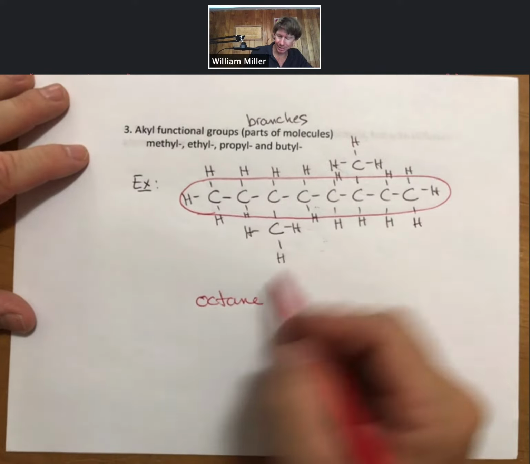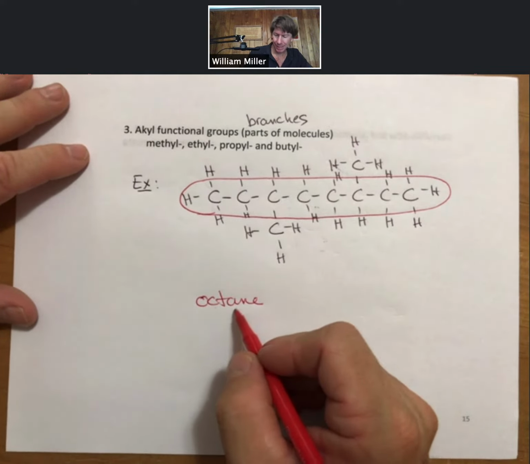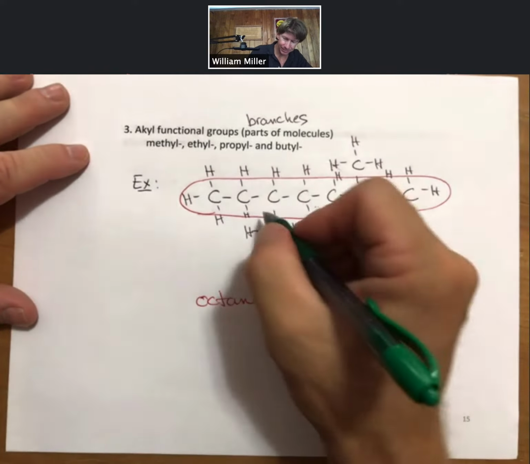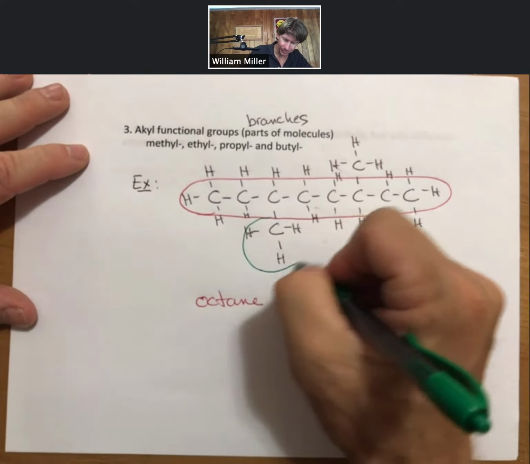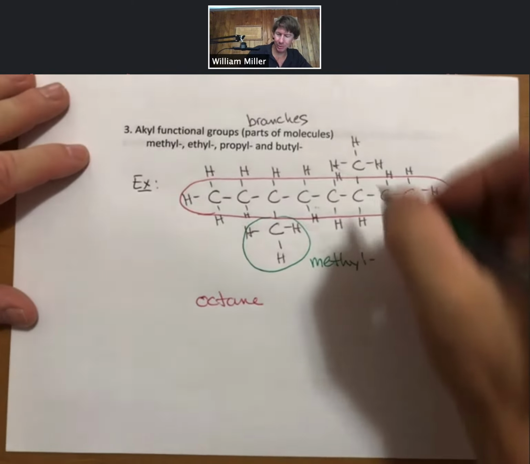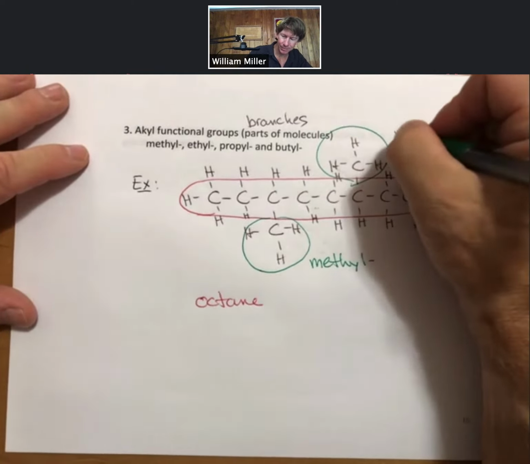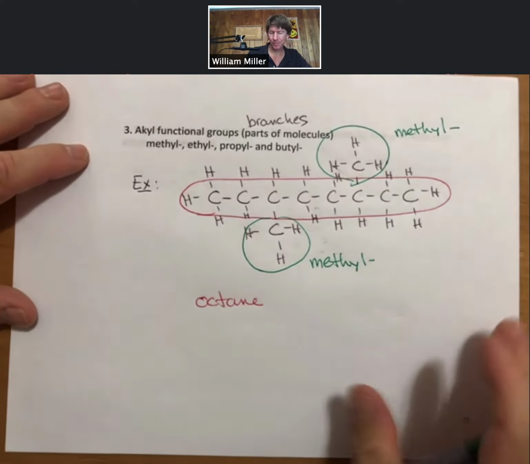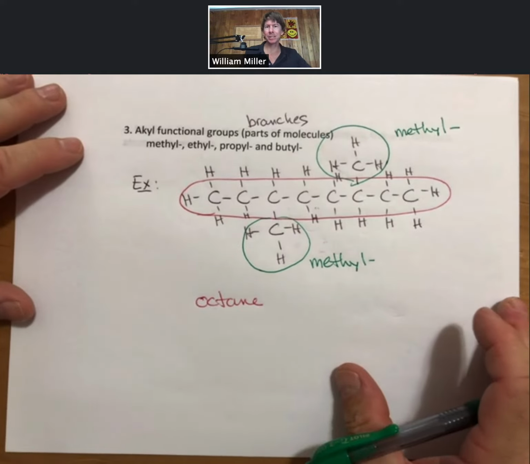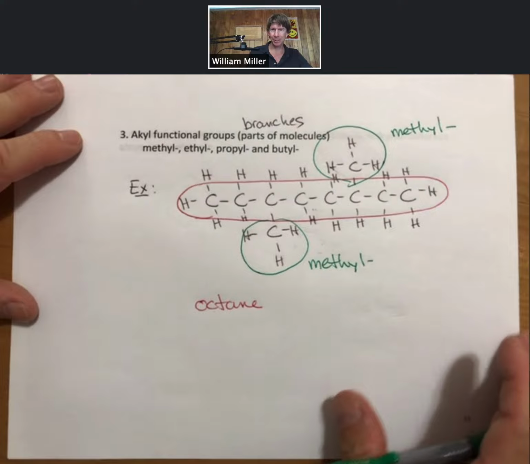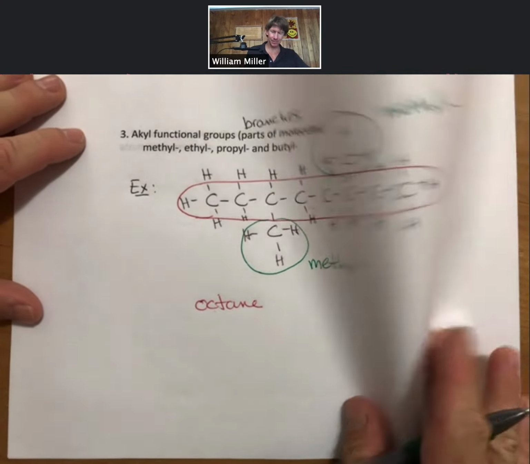All of them are connected by single bonds. And then off the sides of this, we have a methyl group and another methyl group. And so you want to be familiar with these. You'll start to see these names show up in all kinds of compounds as you look in your daily life.